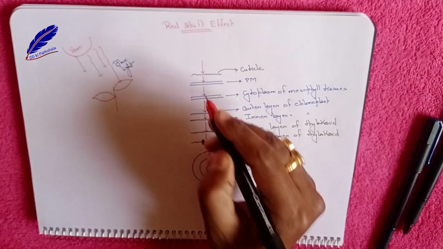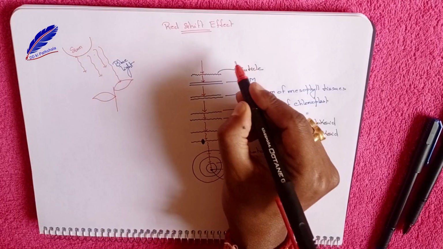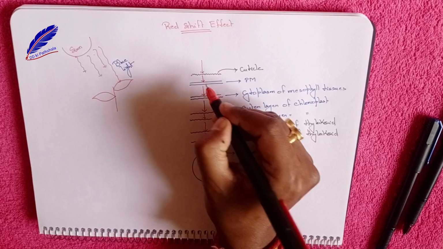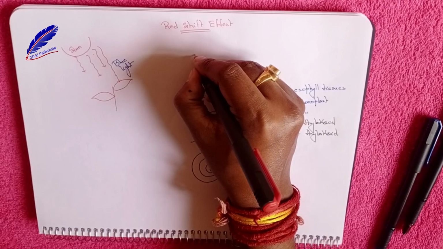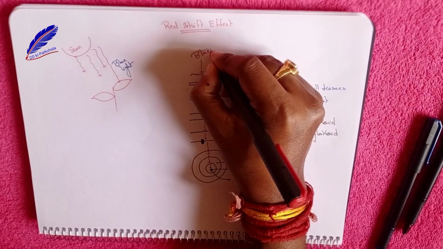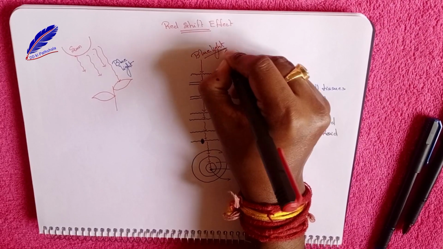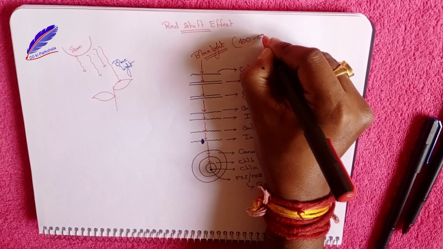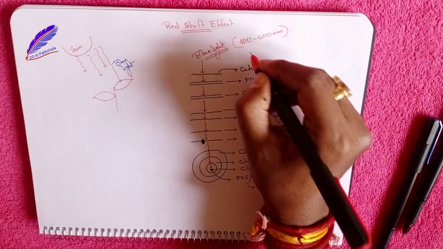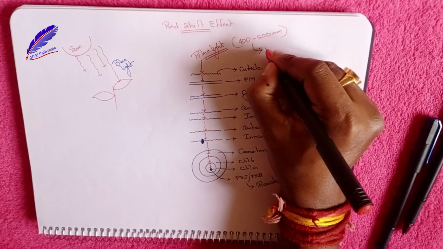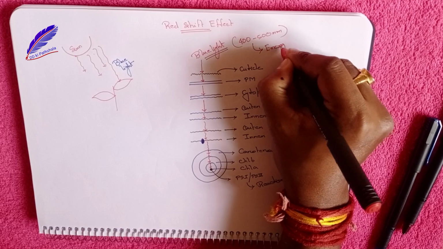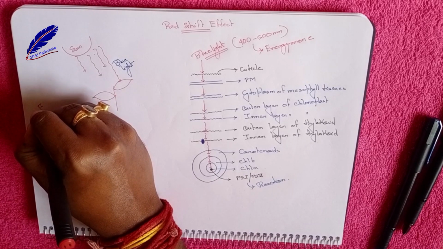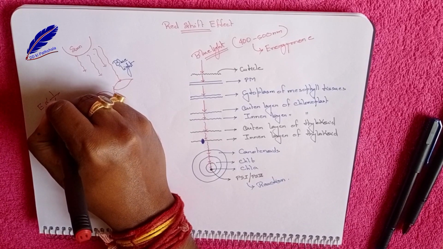So when the solar radiation strikes the leaf surface, initially it is blue light. Blue light means the wavelength is between 400 to 500 nanometer. So the wavelength is less, which means energy is more, because we are following the formula E is proportional to 1 by lambda.